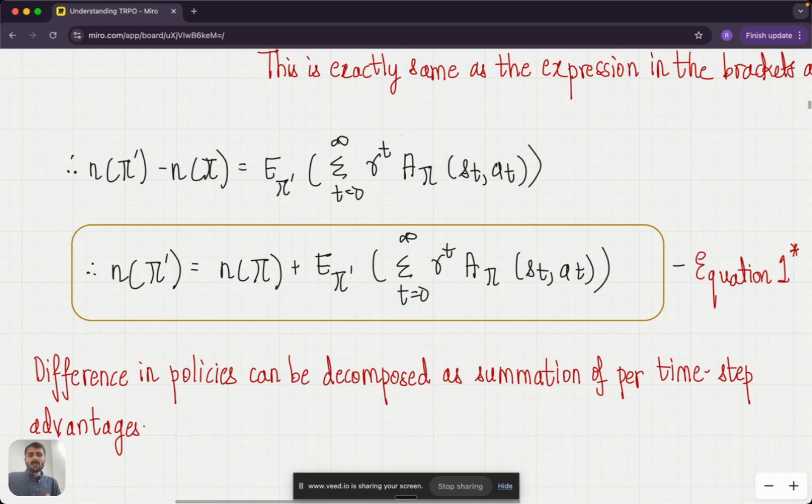And this difference is going to be understood by taking your agent, going over the entire episode, and then for every state of that episode, asking the question, what is the advantage which I am receiving in this state? And to calculate the advantage, what you do is that you take actions as per the new policy, but the value function you have to include as per the old policy.